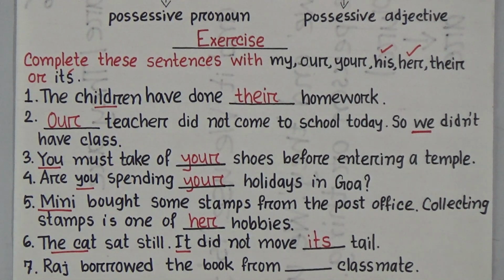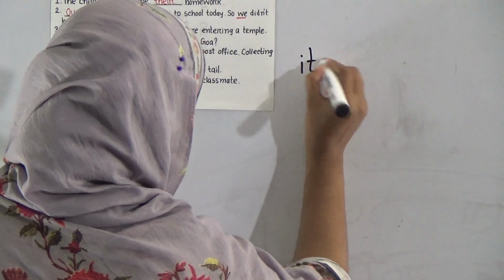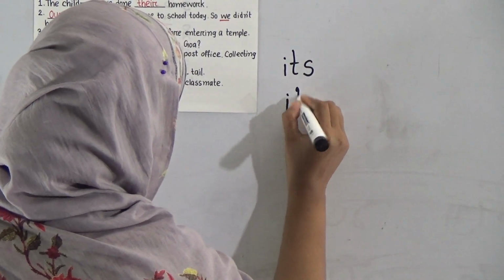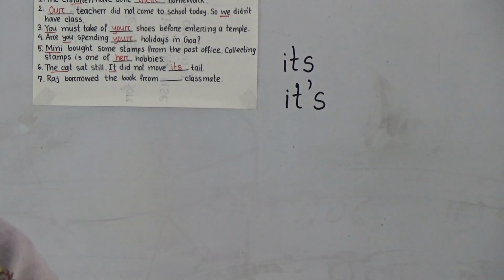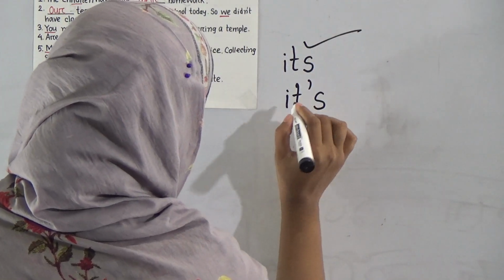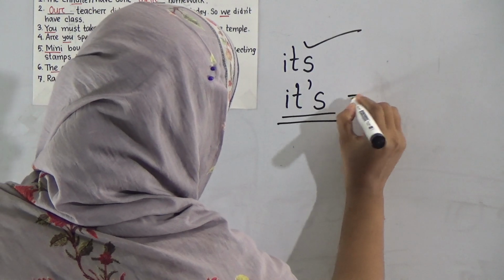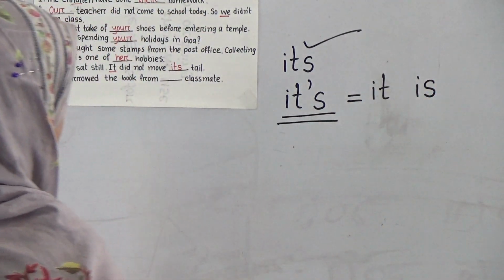Students, keep in mind that there is a difference between its and it's. While writing you may make a mistake. Its means belonging to it. But when you write it's, it means it is.